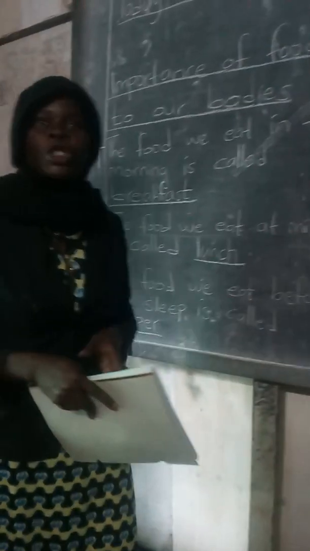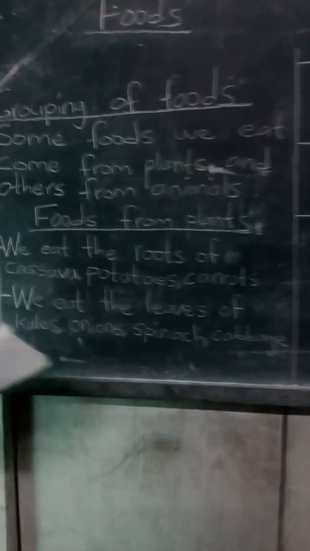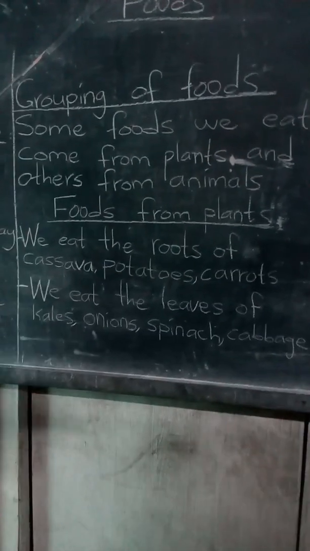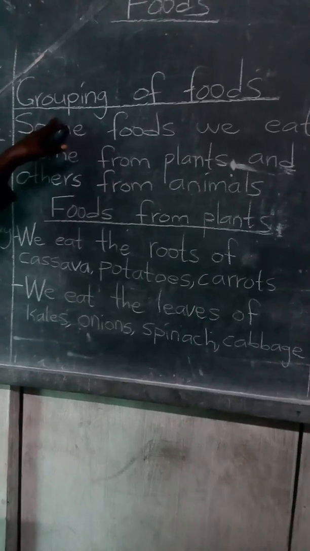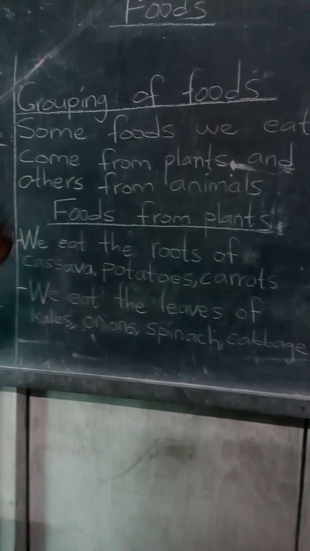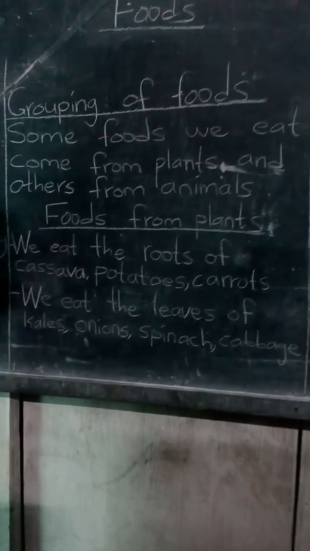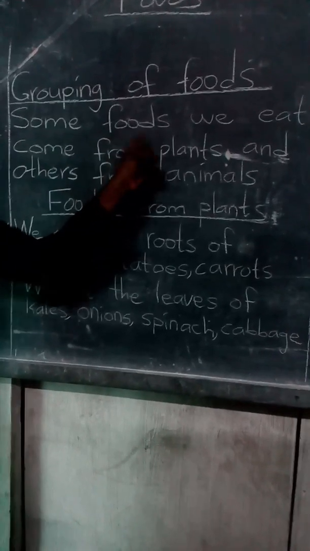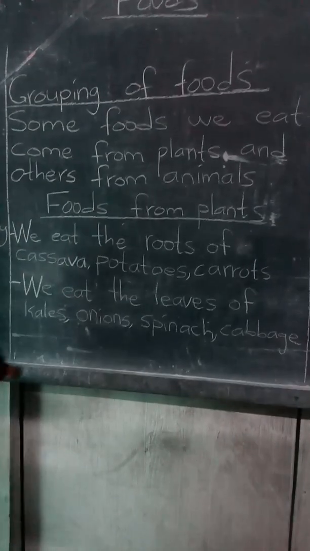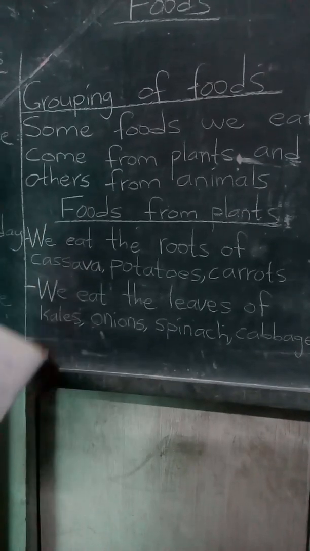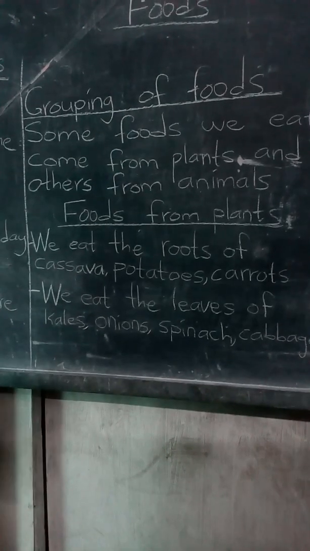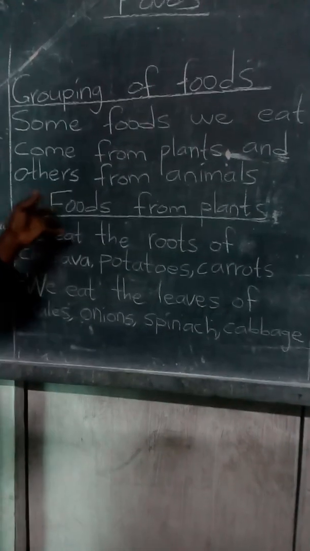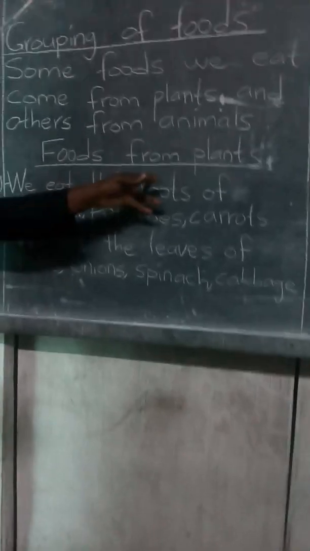Okay, let's move on to grouping of foods. How do we group foods? We know that some of the food we eat comes from plants, and some comes from animals. So let us look at the food that we get from plants.